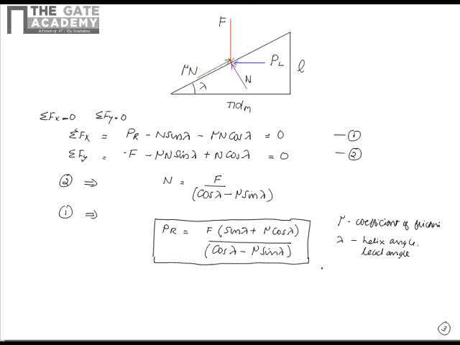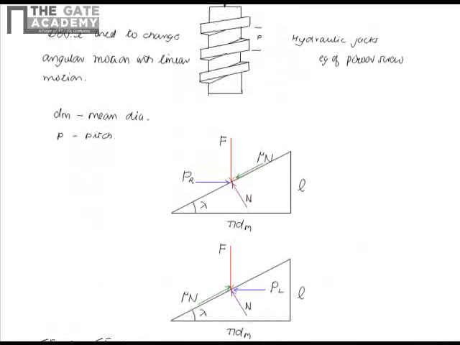Dividing the numerator and denominator by cos lambda, we get the relation that PR equals F into mu plus tan lambda, divided by 1 minus mu tan lambda. And from the diagram, from the triangle, we can get that tan lambda is equal to L by pi dm.